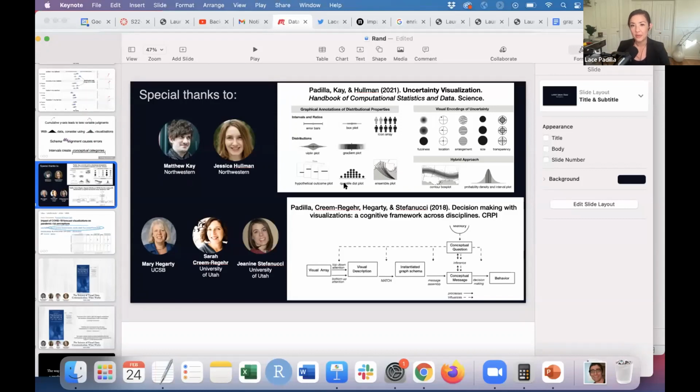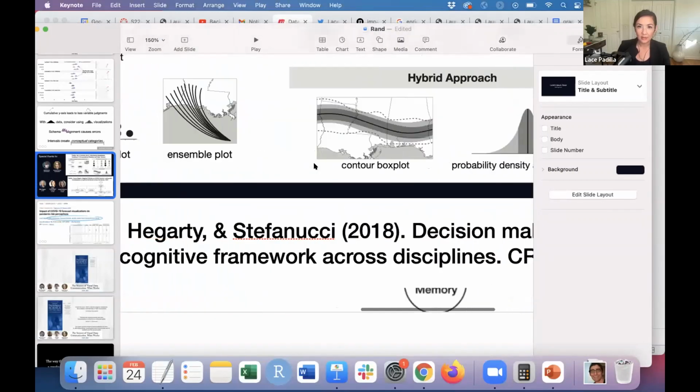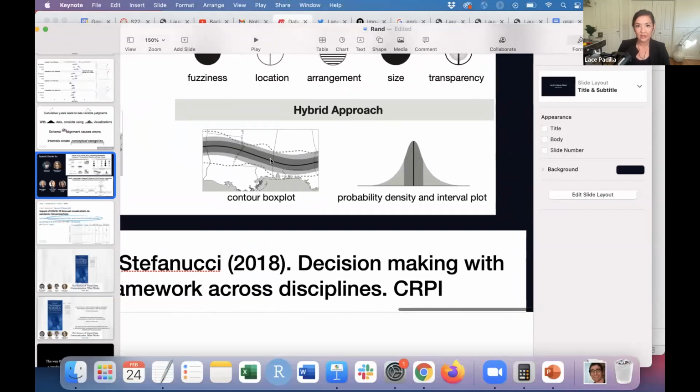But I would say one of the things to think about, again, I'll zoom up on this figure, is something like this, a contour box plot that's plotted over a map. What's going on here is there are different transparencies and then these outlier simulations. One thing to think about when you're representing uncertainty is that people don't like uncertainty, and if they can avoid it, they will. So if you give them the opportunity to focus on this mean line and ignore this other information, they will probably do that.